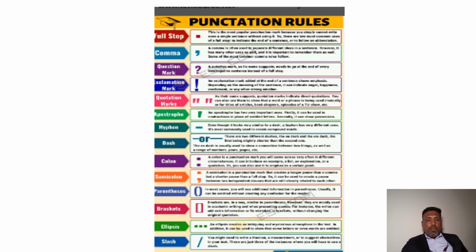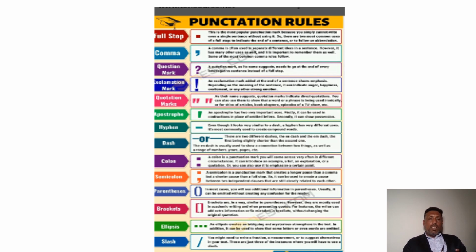I'm giving you some time to read the first one, the most common punctuation mark, full stop. Just have a look where full stop is used. Please go through the details about the full stop.